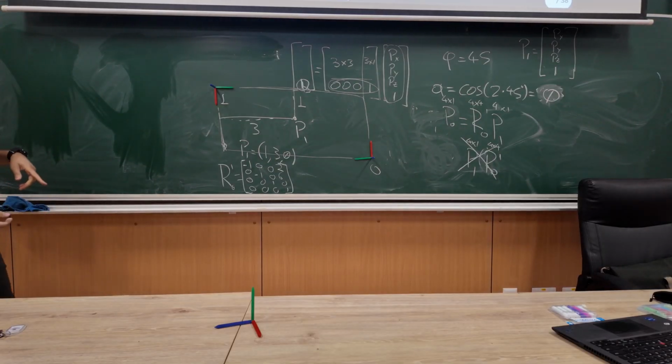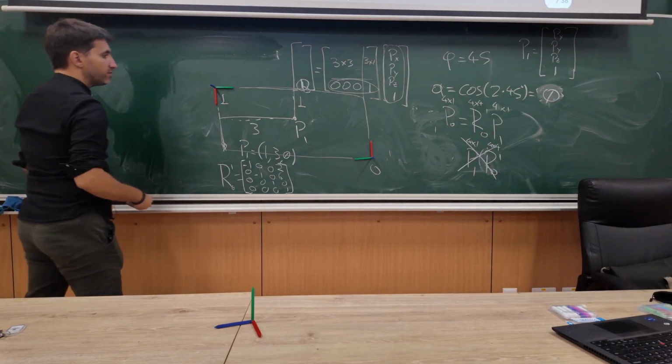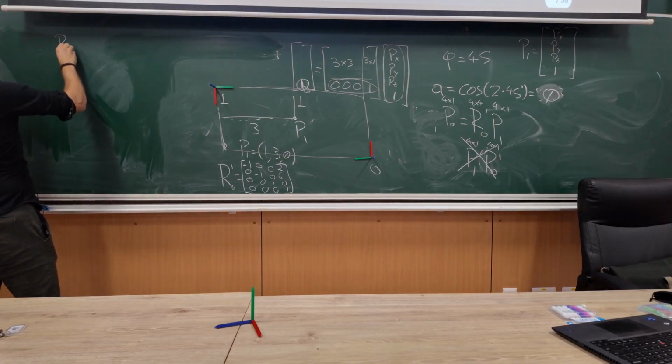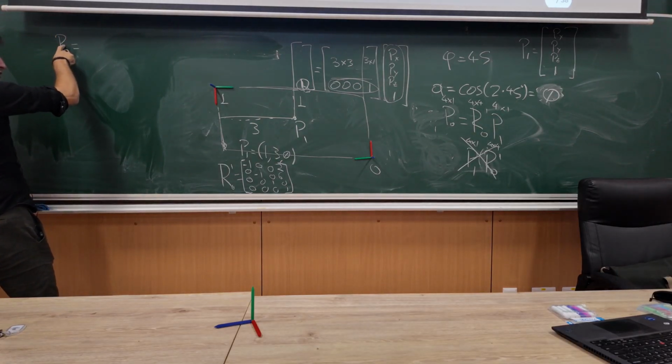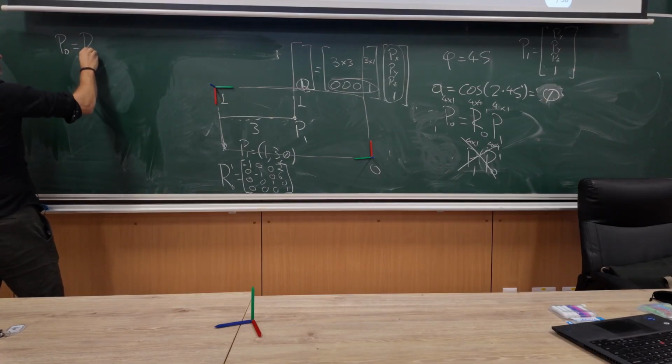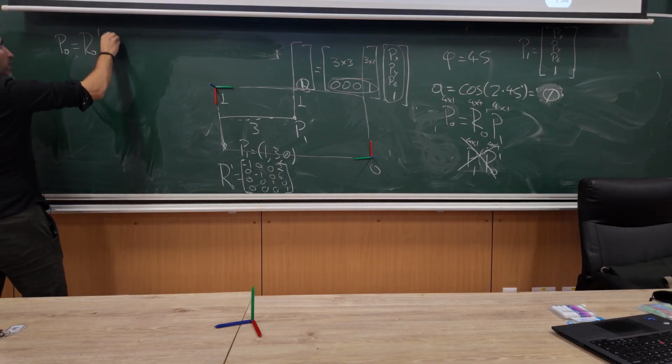All right, so if I do this multiplication, I should calculate where is point P with respect to 0. So it would be P1.